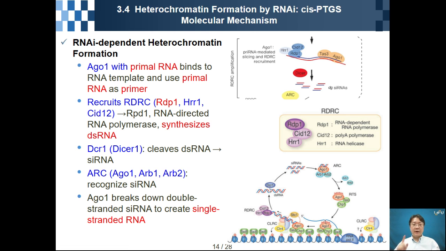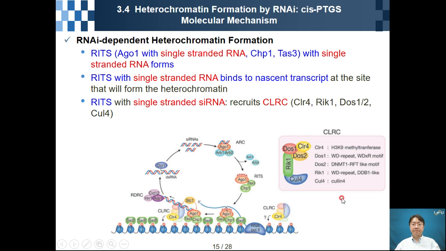At that point, they will finally make the single-stranded siRNA. Single-stranded RNA is like this. Okay. So AGO1 breaks down double-stranded siRNA to create single-stranded RNA.